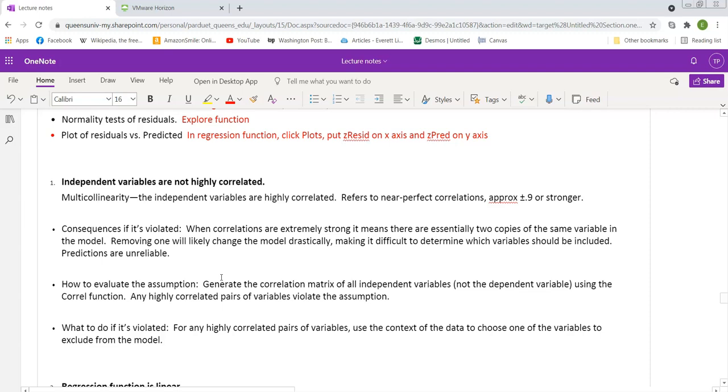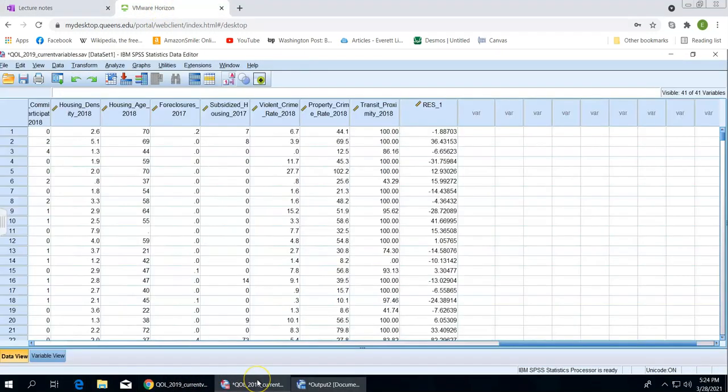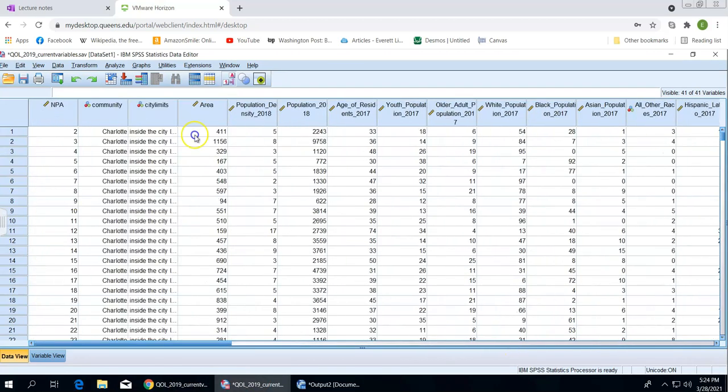If, for example, in our data, let's say age of residents and youth population were highly correlated, that would mean that these are basically the same variable, just measured a little differently. And that's the case whether it's highly correlated in a positive direction or in a negative direction.